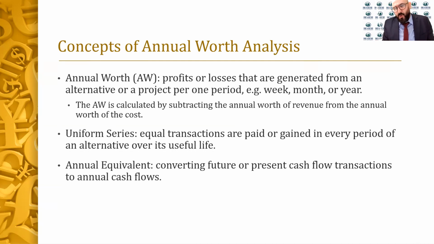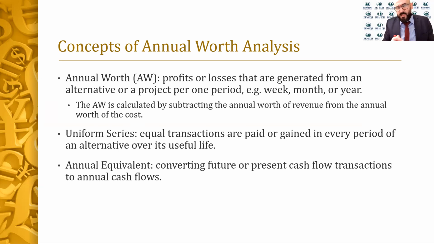The annual worth is basically the profit or losses that are generated from a project or alternative over a period, week or month or year. The uniform series is having an equal transaction paid or received from an alternative. And annual equivalency is basically transforming a number from present worth or future worth to the annual worth.